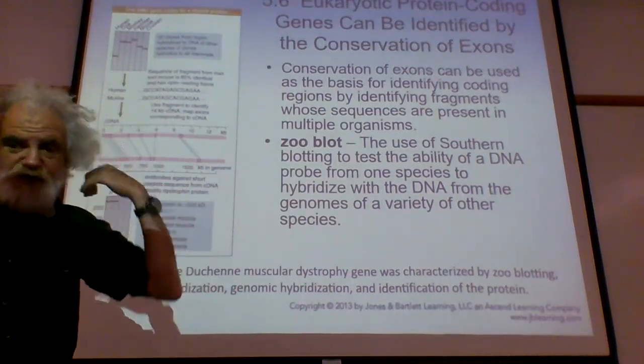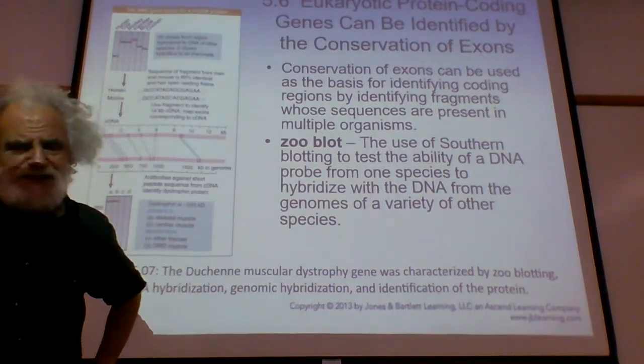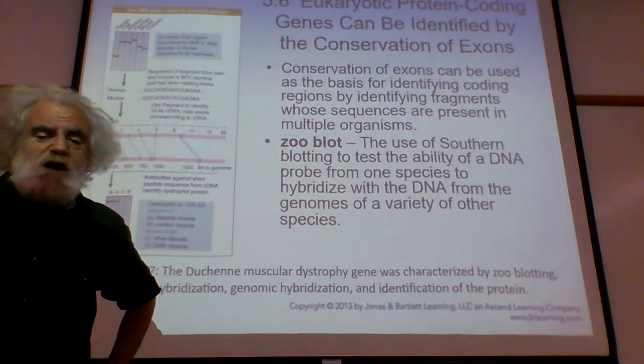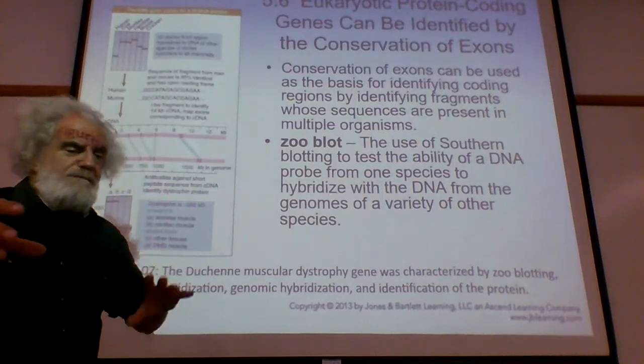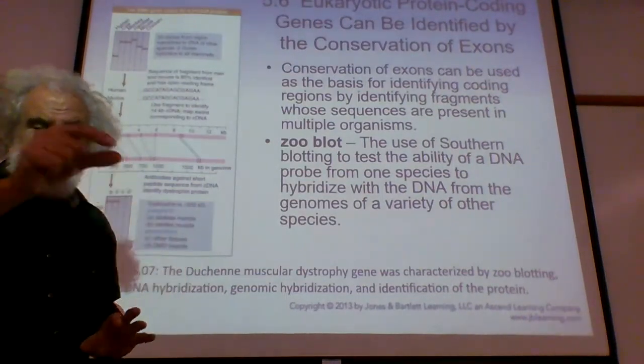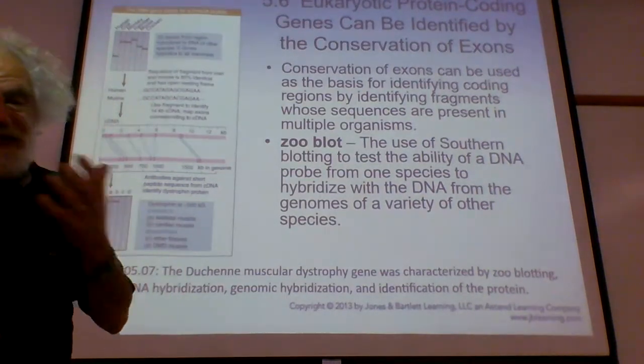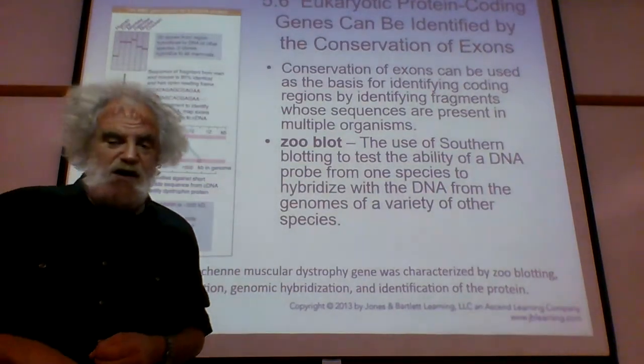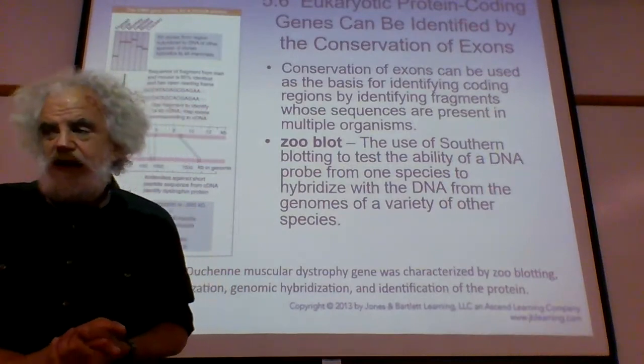We're actually going to get into transposons and retroviruses in another week or so. But these are pieces of DNA that actually have the ability to replicate and move around the genome. As it turns out, in the human population right now, we don't have any active transposons, but other organisms do.